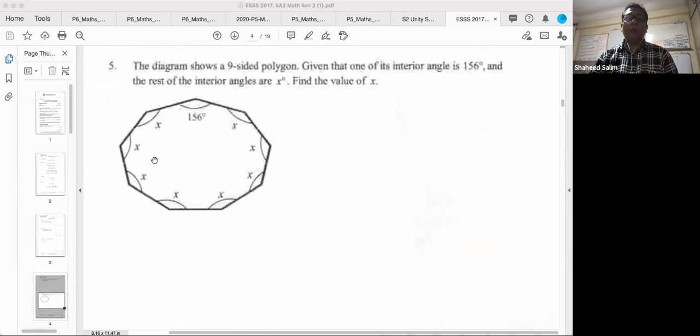This one now. Do you remember? We try. You know how to find the sum of the internal angles? You've got to divide them into triangles.